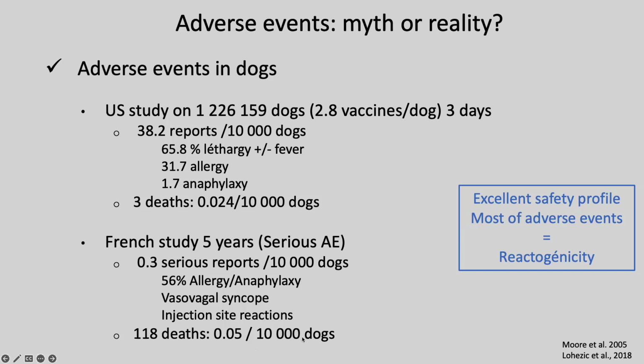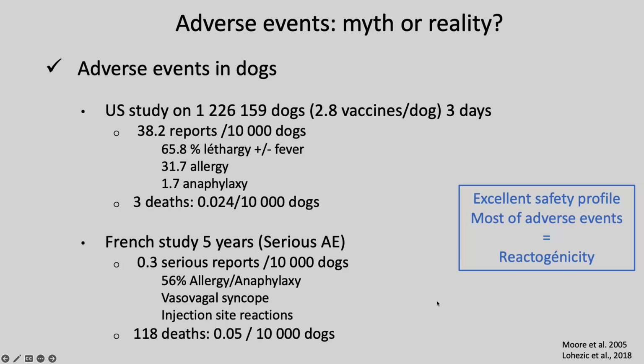So globally, if we combine what we have with this US study and this French study, once again, like in humans, we can say that we have an excellent safety profile for the dog vaccines, and that most of the adverse events correspond to the reactogenicity.